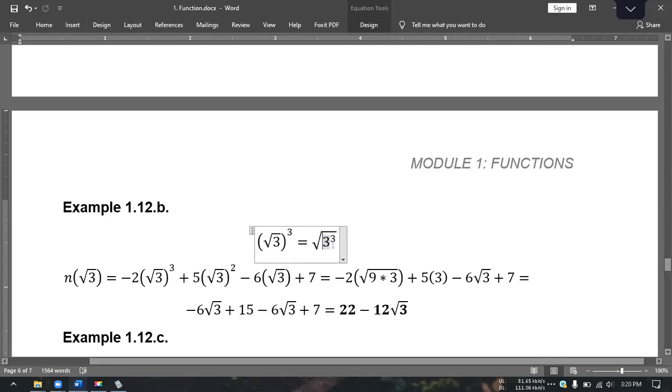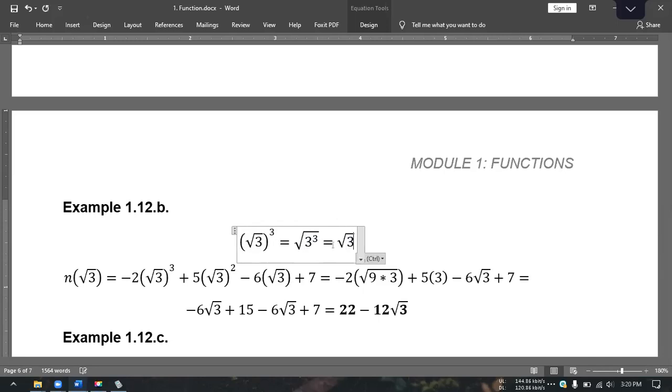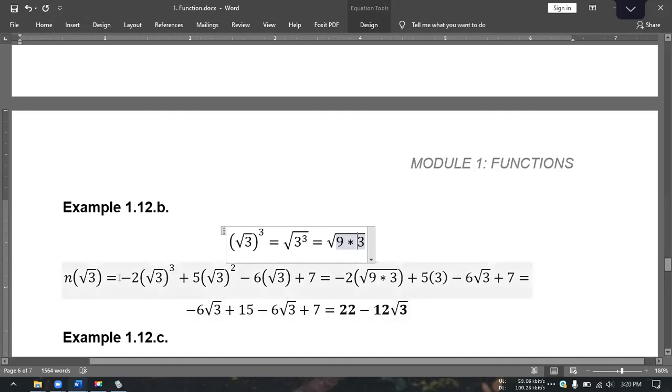Now, this one is the same as square root of 27. But as we know, 27 is not a perfect square. But we can express 27 as the product of the factors 9 times 3, where 9 is a perfect square. So later on, we can extract the square root of 9 and magre-retain sa loob si square root of 3. So yun yung mangyari dito sa first term natin, no?